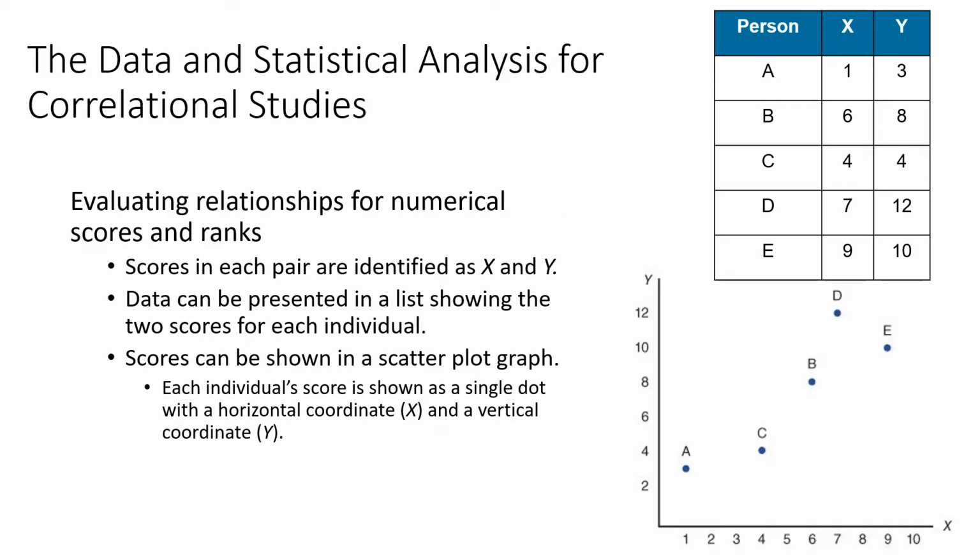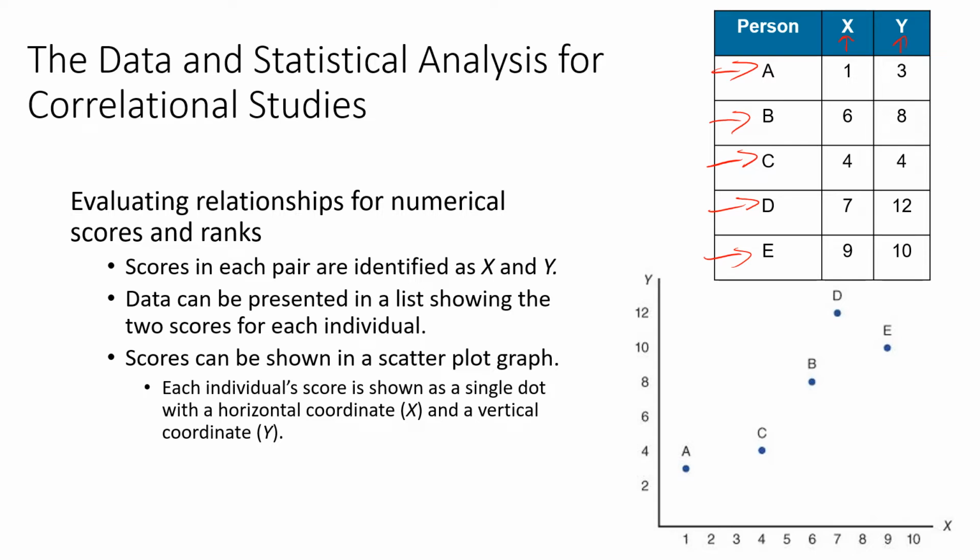There shouldn't be anything on this slide that you don't already know, but when we're looking at correlation, we're looking at two different variables. In this case, we've got an X and we've got a Y. Then you've got scores for each person, participant, company, city, whatever your identifier variable is.